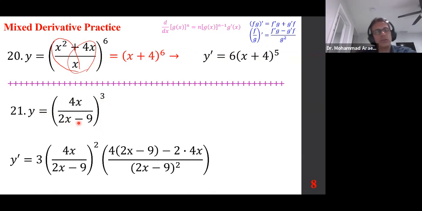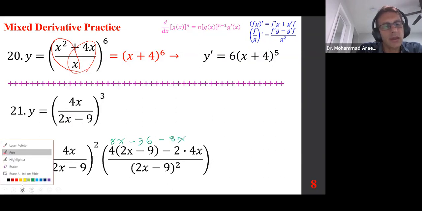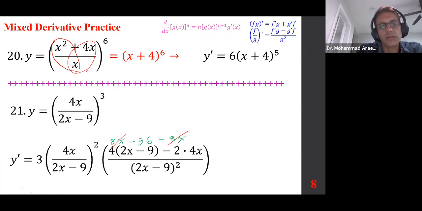Okay, so what I want to do, first I want to write this. I hope everybody is comfortable with this. We are just using the chain rule in conjunction with the quotient rule. So this becomes 8x, everybody, minus 36 minus 8x. We can drop this.